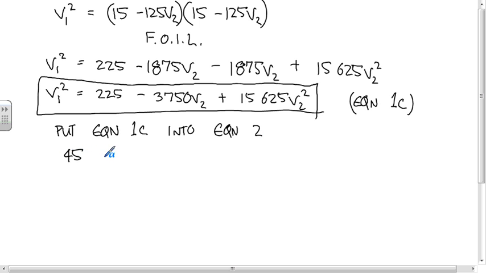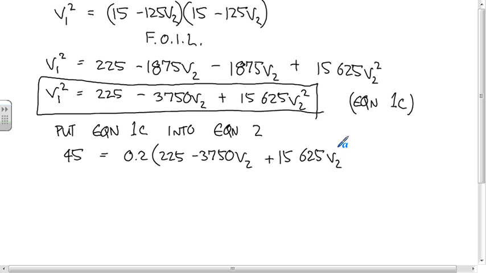45 is equal to 0.2 times all of this stuff, 225 minus 3750 v2 plus 15,625 v2 squared, and then plus the rest of equation 2, which is 25 v2 squared.